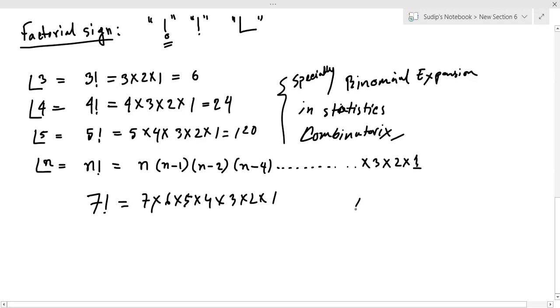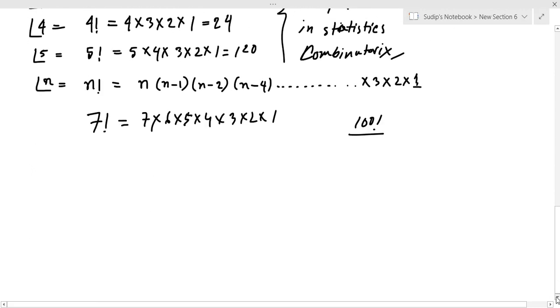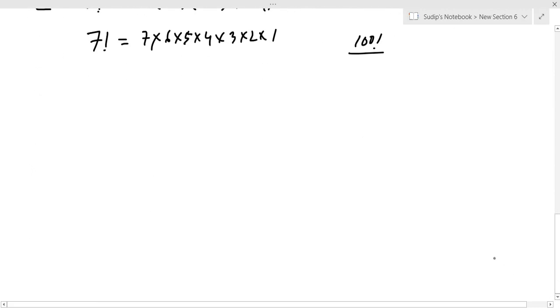If you are given 100 factorial, it is a very huge number to calculate. Now we are going to show you a special sign, which is the combination sign, or you can say nCr.